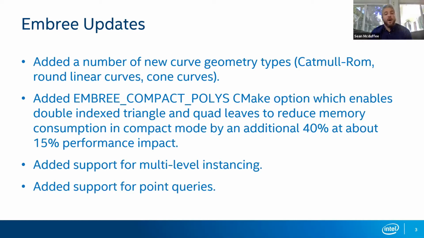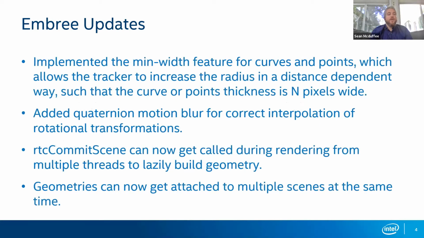A new compact polys CMake option allows double index quad leaves, reduces memory. Added support for multi-level instancing. We've also added support for point queries, so closest point, nearest neighbors. Implemented a new min-width feature for curves and points, which allows the tracer to increase the radius in a distance-dependent way. This is helpful for anti-aliasing techniques.